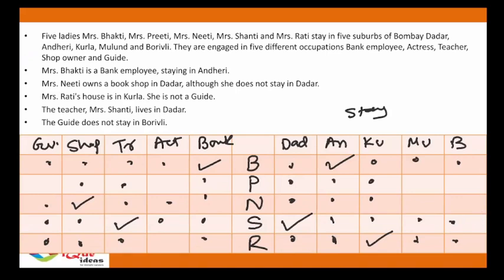Can I say that the guide has to be P, because under guide there is only one empty slot, and actress also has only one slot. So P, who is the guide, does not stay in Borivali. So that is Mulund, which means Neeti has to be Borivali, and my table is complete. It was very easy. Not just easy, very easy. You should be able to solve this guaranteed in less than a minute. And once you get that, the questions are very, very straightforward. Everybody got this one? Yes.